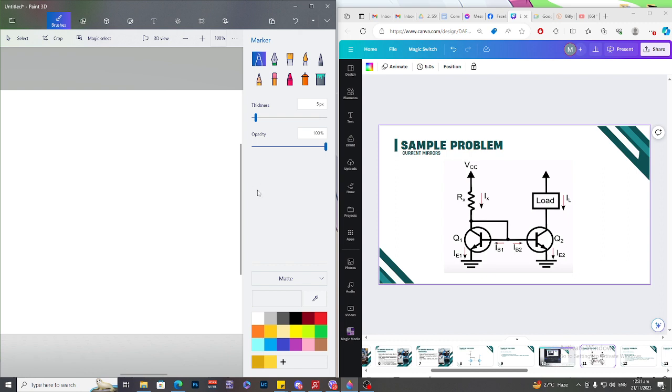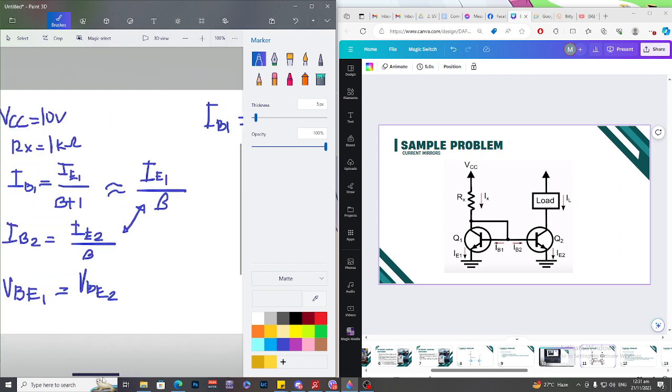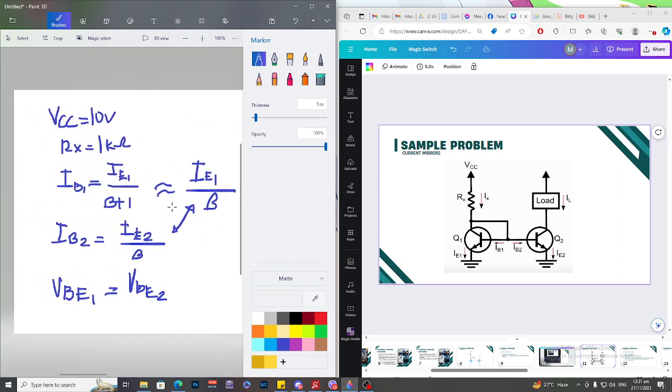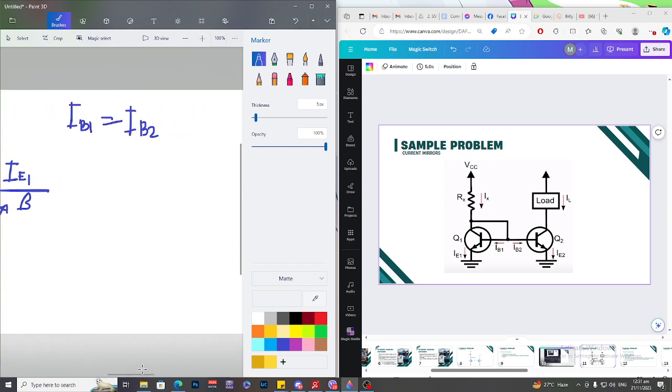Since IB1 is equal to IB2, shown on this previous part, we can assume that IB is equal to them. So, equal sila pare-parehas kasi equal naman eh.